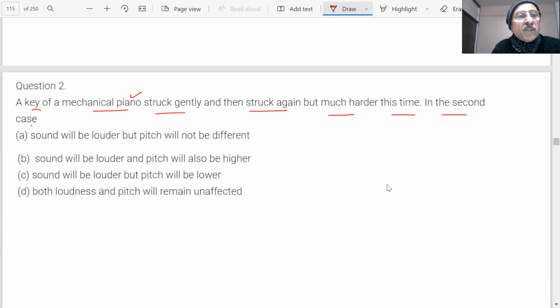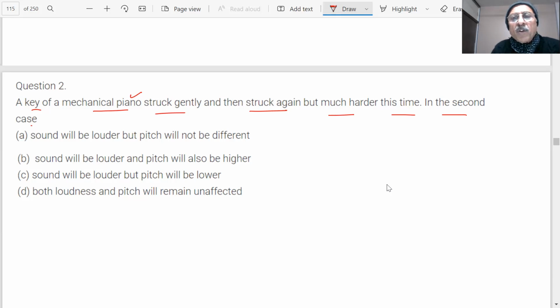First choice: sound will be louder, but the pitch will not be different. Second, sound will be louder, pitch will also be higher. Third, sound will be louder, but pitch will be lower. Fourth, both loudness and pitch will remain unaffected.